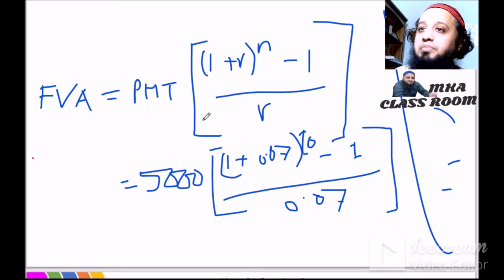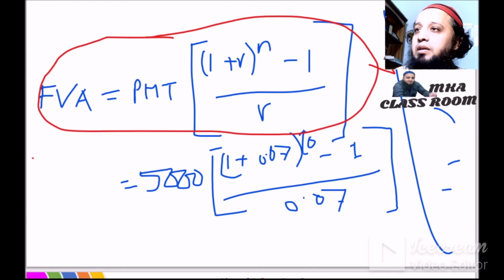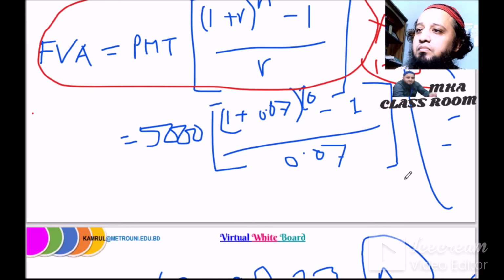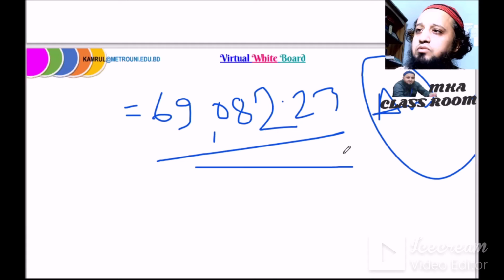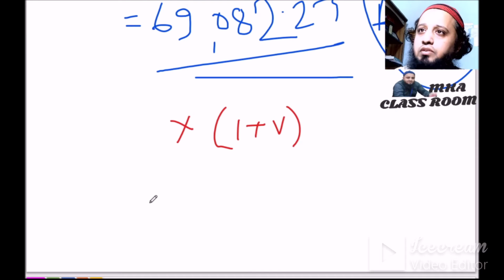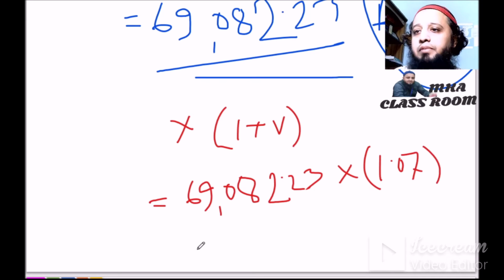Then this is your actual formula, and this formula will be multiplied by 1 plus r. So it should be 69,082.23 into 1.07.